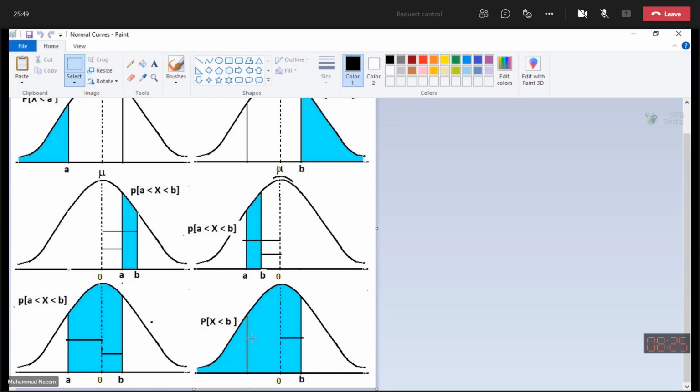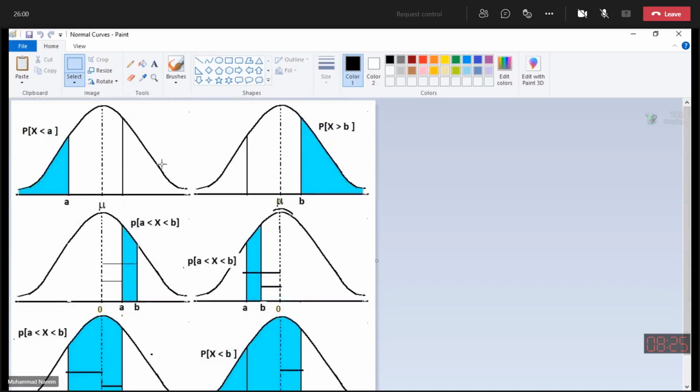And sometimes the probability for x less than b is of this form in a problem. So how to deal with? Either we integrate or we use the table to approximate the area under the curve. Integration is time consuming and a little difficult. So we prefer a table to approximate these areas.